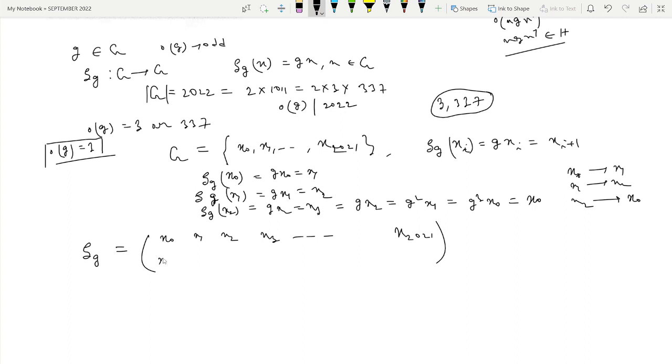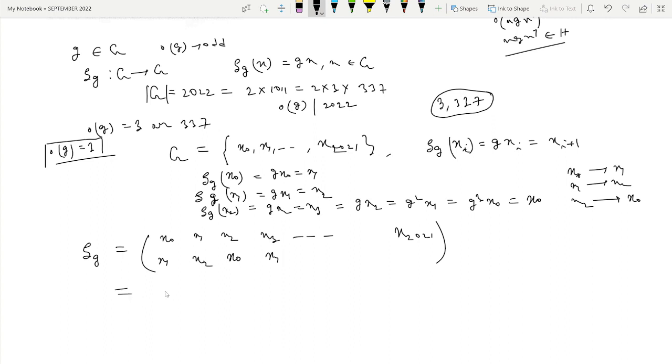Then x0 goes to x1, x1 goes to x2, x2 goes to x0 by our definition, and similarly by the element we have defined, x3 goes to x4, x4 goes to x5, and x5 goes again to x3, and so on.